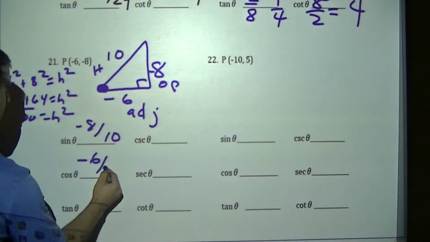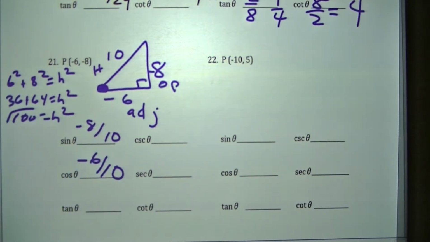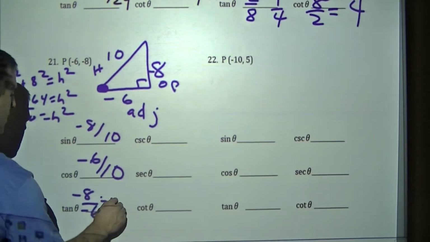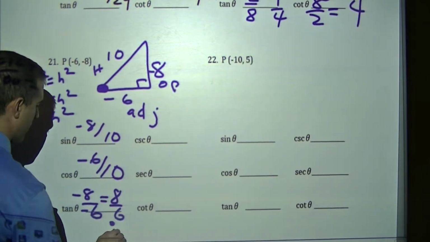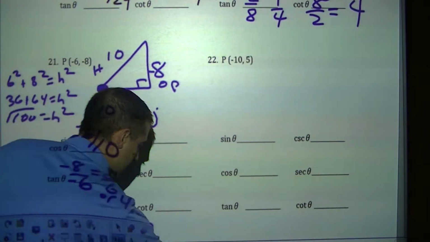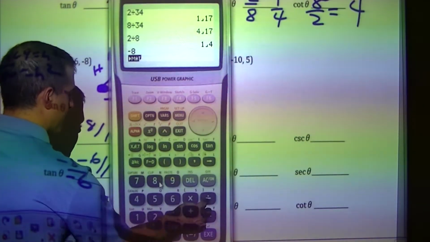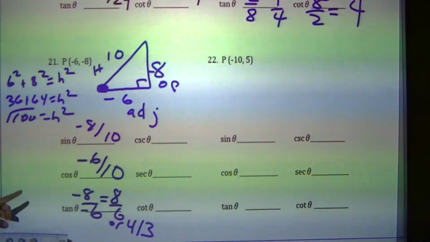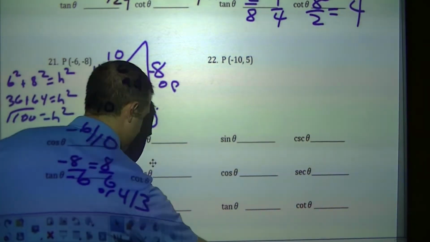Cosine is going to be negative 6 over 10. Now here's where you have an issue. Negative 8 over negative 6. You can either write that as 8 over 6 or 4 over 3 because negative 8 divided by negative 6, as you can see, is a positive number. So you really have to watch that, okay?